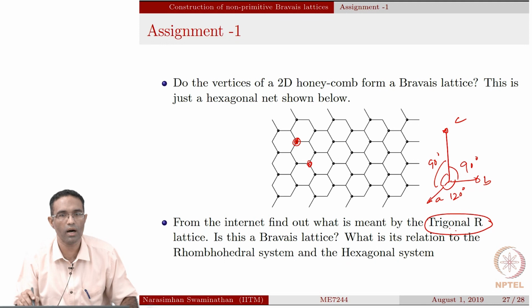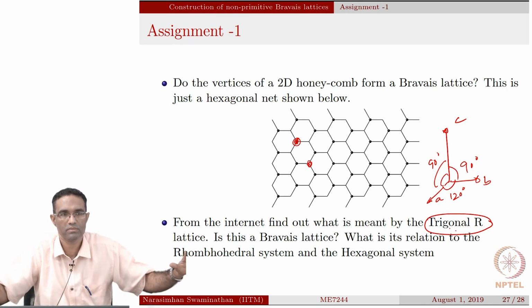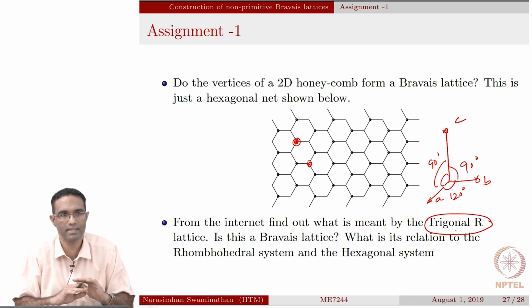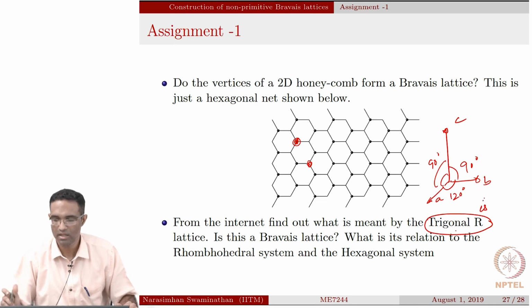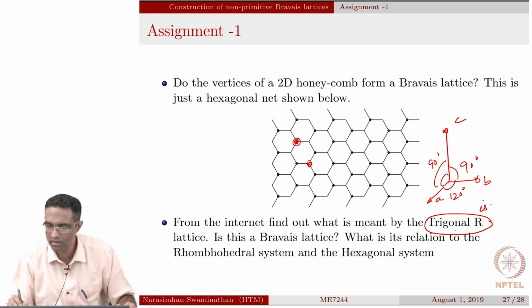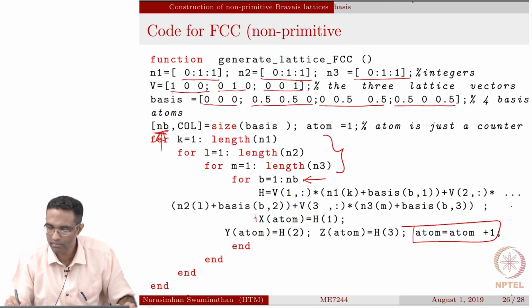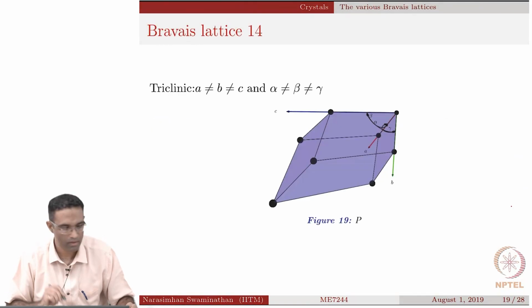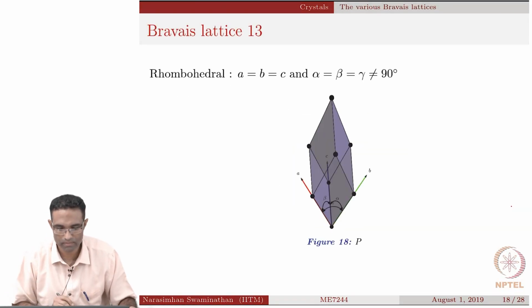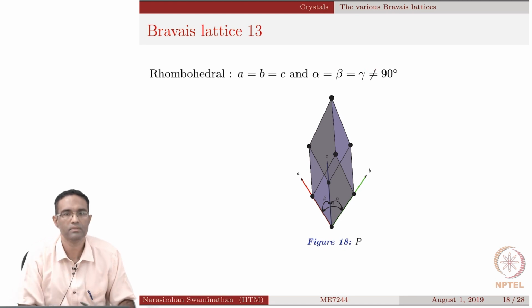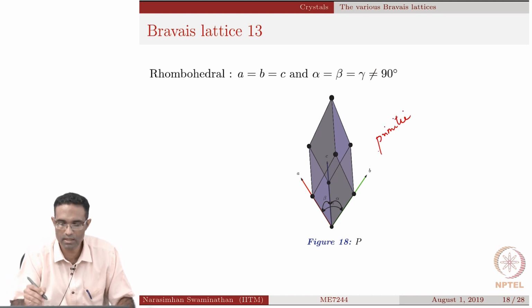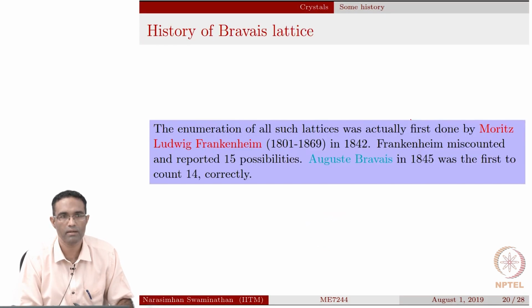Rhombohedral and trigonal R are basically the same crystal structures. Okay. They generate exactly the same lattice, while trigonal R is non-primitive. The one that we saw here, the rhombohedral, is A equal to B equal to C, alpha equal to beta equal to gamma, but they are not 90 degrees, is primitive, right?